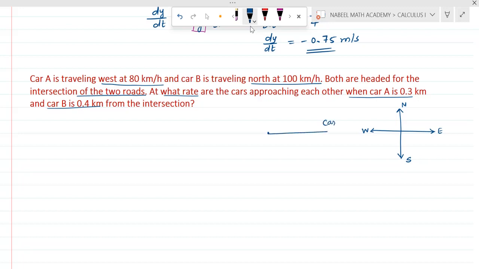Car A is traveling towards the east at 80 kilometers per hour, and car B moves towards the north. This is what is given, and the starting points of the cars will be here and here. So this is the intersection part where the two roads intersect.